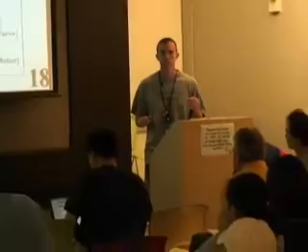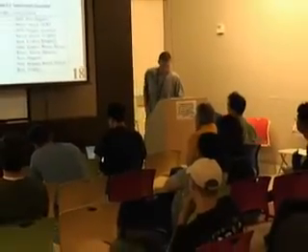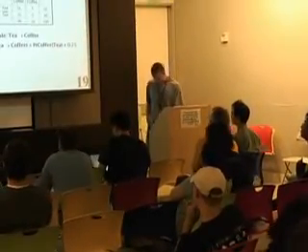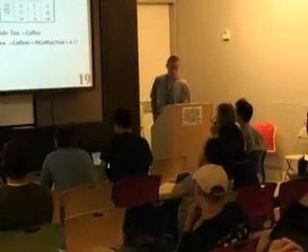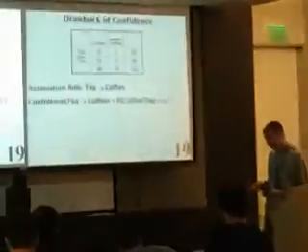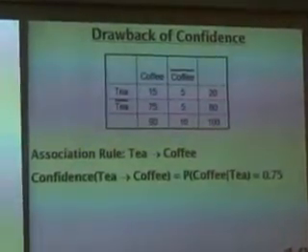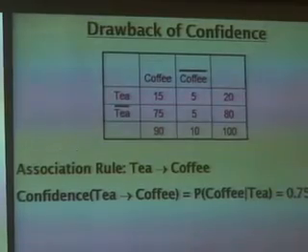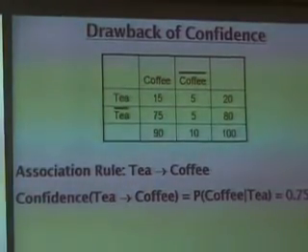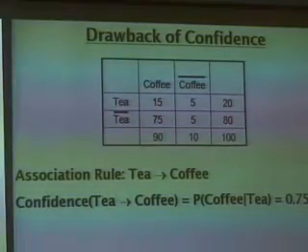Okay, so the next thing to talk about is that even though your book spends most of the chapter on this problem formulation, which is give me all the rules that have a sufficiently large confidence and a sufficiently large support, there are some drawbacks to that. The first thing, which I think we've already noticed, is that confidence is an absolute measure.